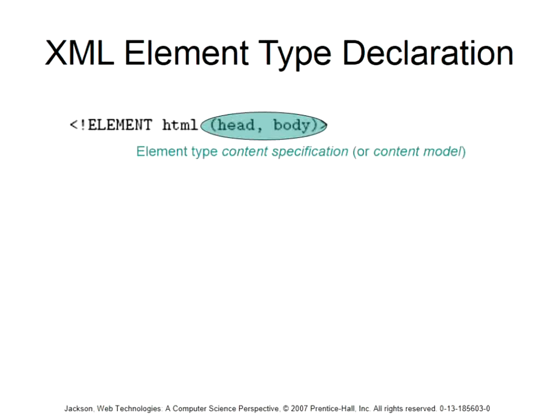So head comma body is the element type content specification. That means HTML contains head and body. We specify how we can create an HTML tag. The HTML element or HTML tag contains head and body.